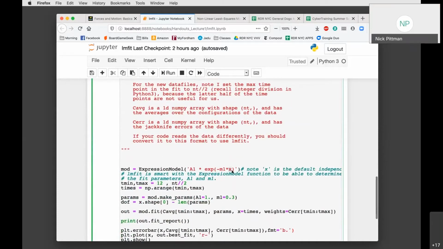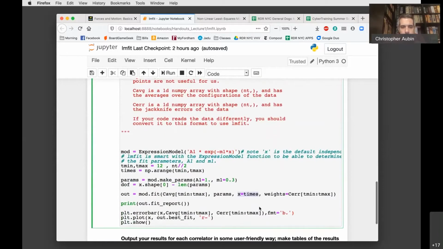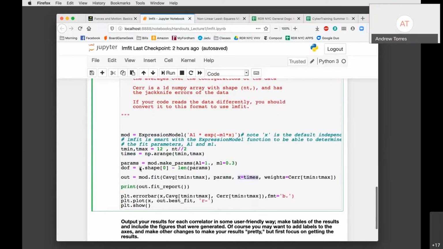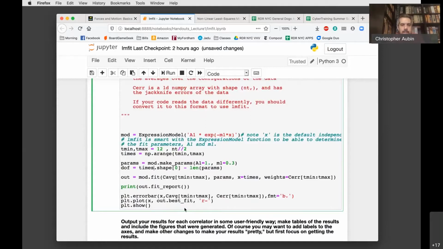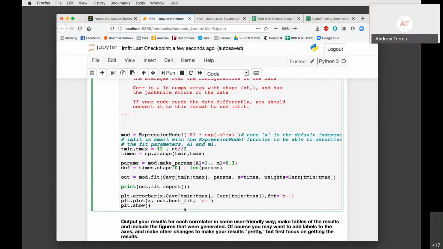Down further in DOF, it doesn't know it. This should say times. That was my fault. I tried to change this a little bit to make it more readable.